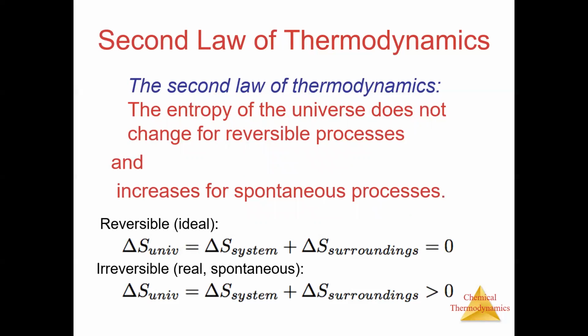The second law of thermodynamics is related to entropy. The first law of thermodynamics is related to the law of conservation of energy. The zeroth law of thermodynamics talks about thermal equilibrium. Now we have the second law of thermodynamics, which is related to entropy.